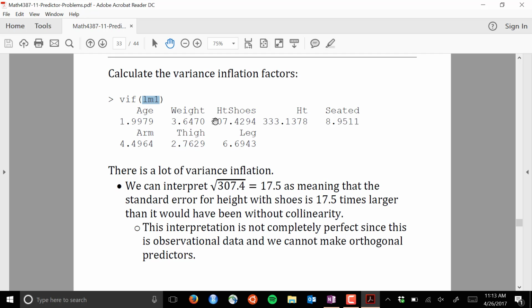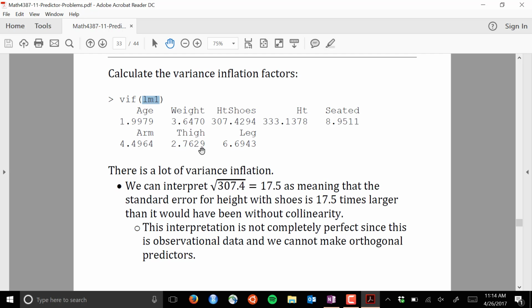So at a minimum, there's a problem with the height and height shoes predictors in our model. We already know that they're highly correlated, and this makes perfect sense because my height and my height with shoes are going to be very similar to one another. There'll be some fluctuation depending on what kind of shoes I'm wearing, but for the most part, if you know my height, you're going to know roughly my height with shoes on.